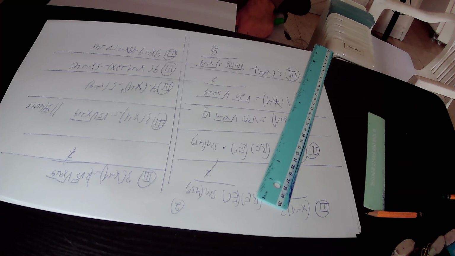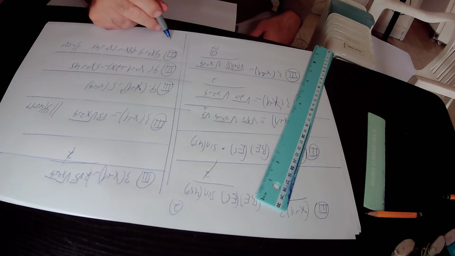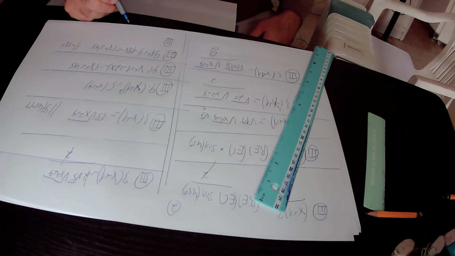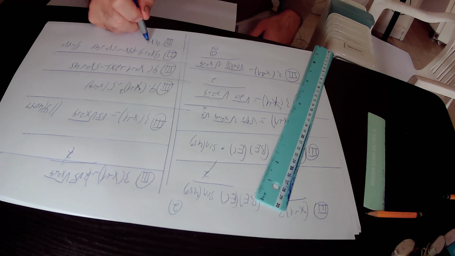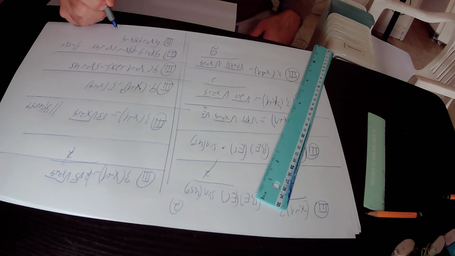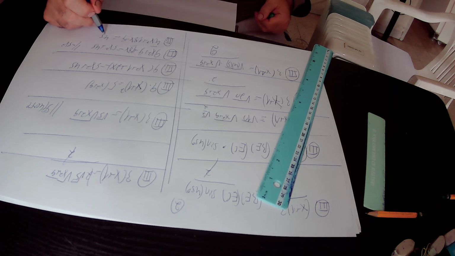Here we will subtract 5x squared from equation 3 and get that 9x squared minus 5x squared equals 4x squared, plus 18x plus 9 equals 45.